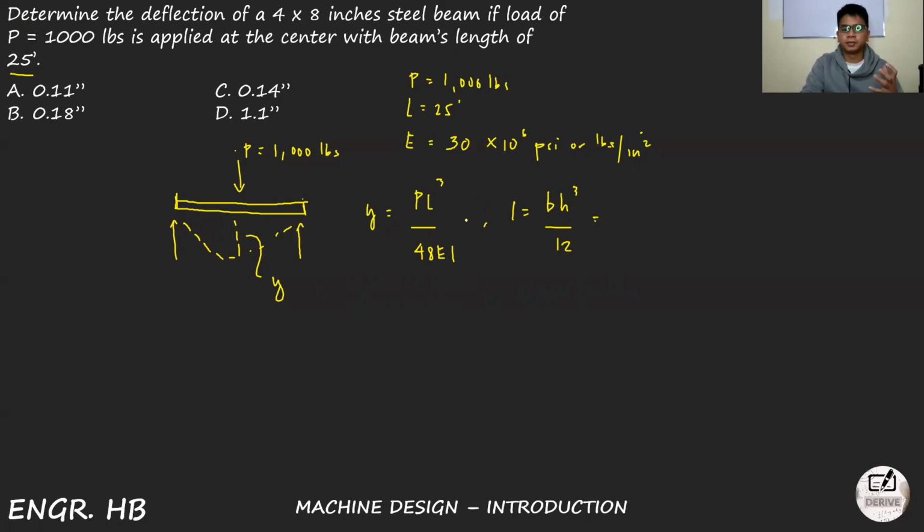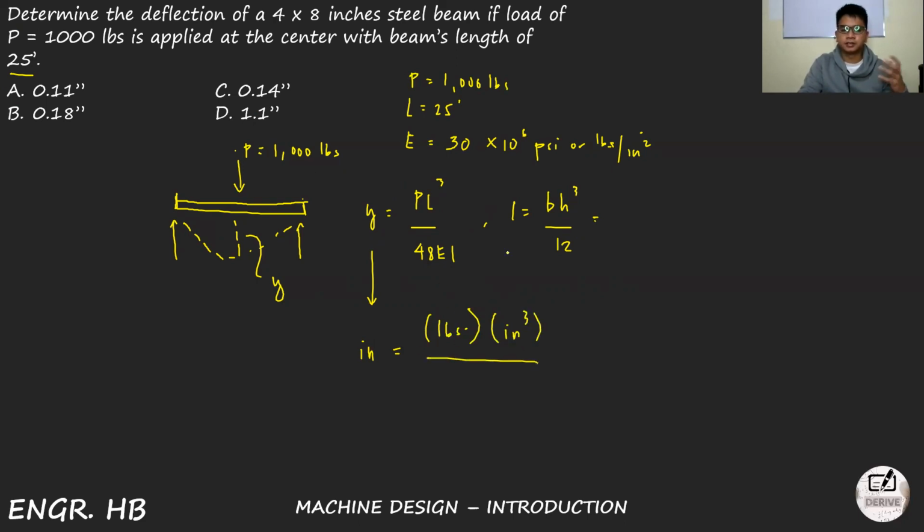Okay? Before I substitute all the values, let's do a unit analysis first. In order for you to have a deflection in inches, since the choices are in inches, let's go one by one. P should be in pounds. L, if we make everything inches, will become cubic inches.